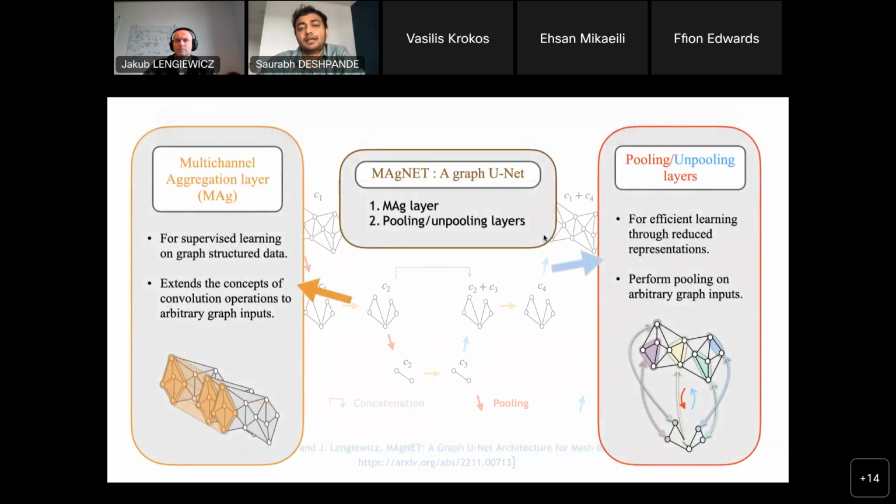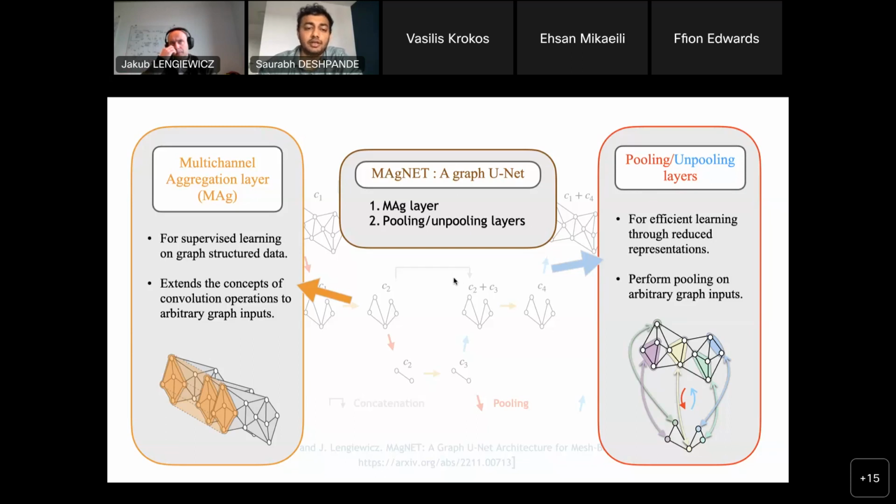So MagNet is a type of graph U-Net architecture. It is exactly like a U-Net; the name comes from the U shape that the architecture has. It is composed of two layers. The first is the multi-channel aggregation layer, as I described, and the second is the pooling layer. The multi-channel aggregation layer is the exact substitute for the convolution layer, used for performing supervised learning on graph-structured data.